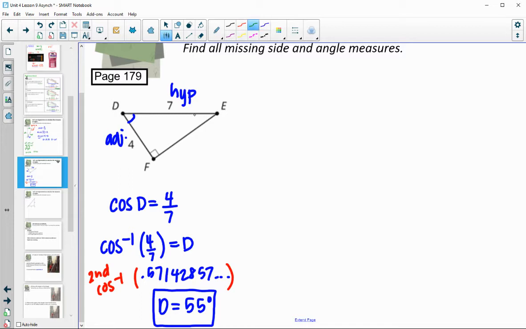So now if I wanted to find angle E using a similar method, now the 4 is the opposite side because it's across from that angle. And then the 7 is still the hypotenuse. So this time I have a sine function.